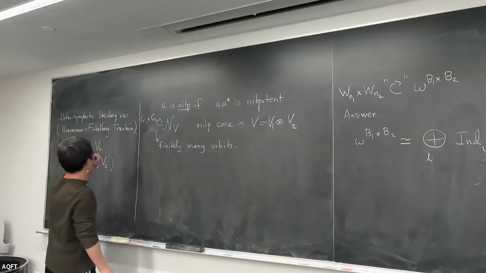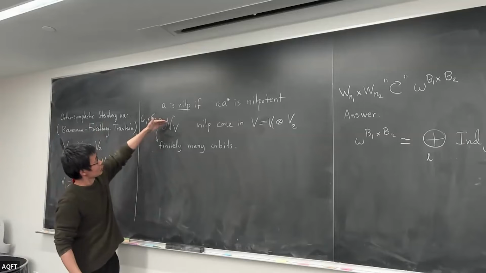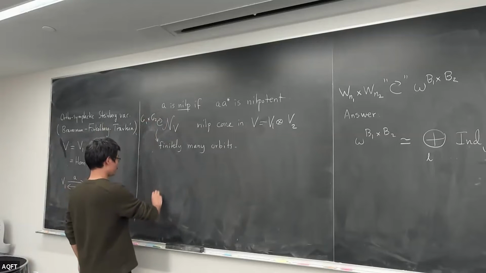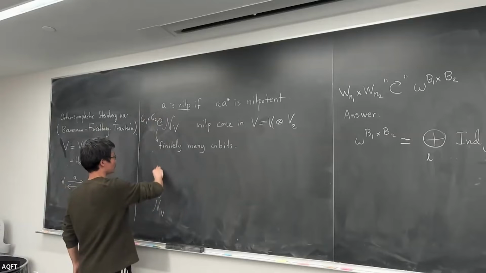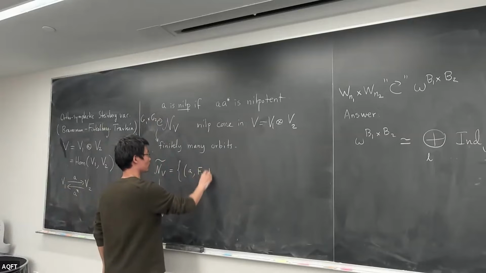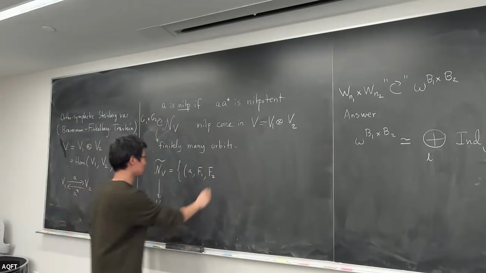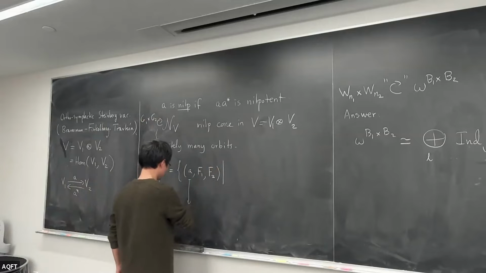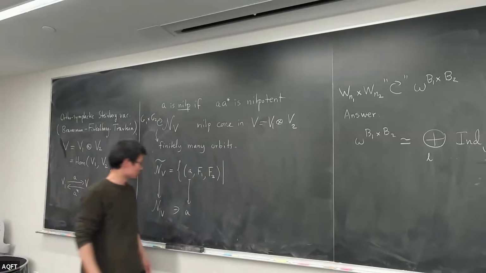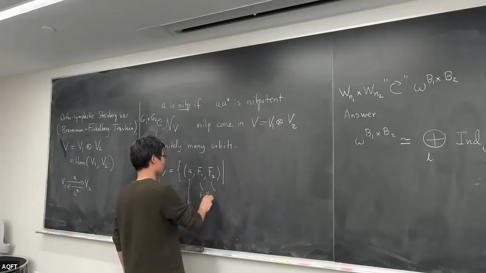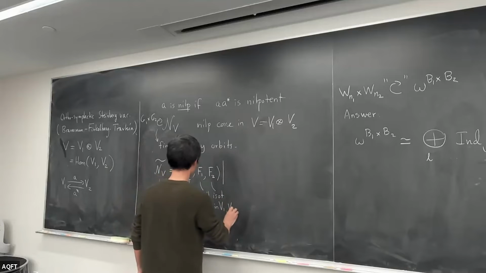Now, as in the case of the usual Steinberg variety, we will add some structure to nilpotent elements, such as flags. So starting with the nilpotent cone in V, we will consider triples A, F1, F2. A is just the nilpotent element in V. F1, F2 are full isotropic flags in V1 and V2.